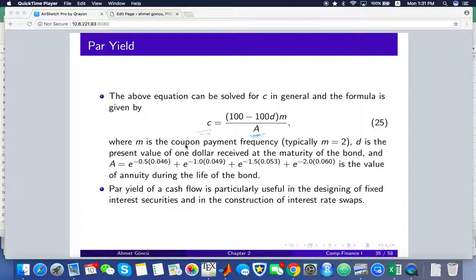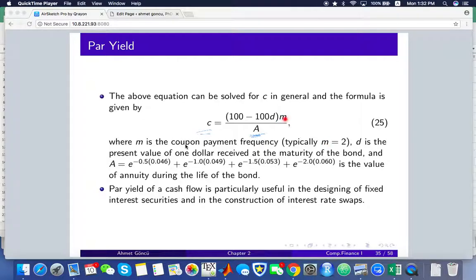So you can generalize this with the following notation. Notice that we have the face value, which is in this case 100, and in most of the examples we consider 100 anyway, minus face value times the last discount factor, times the frequency of the coupon payments.